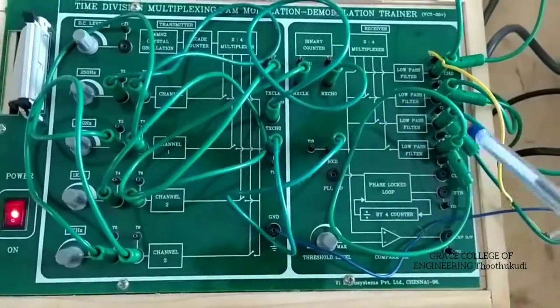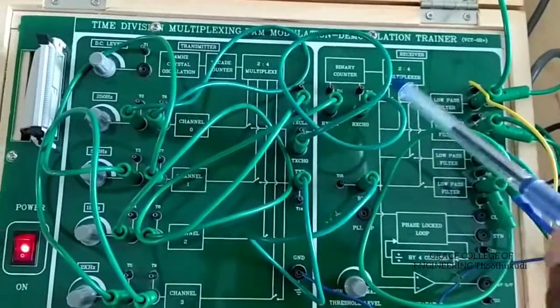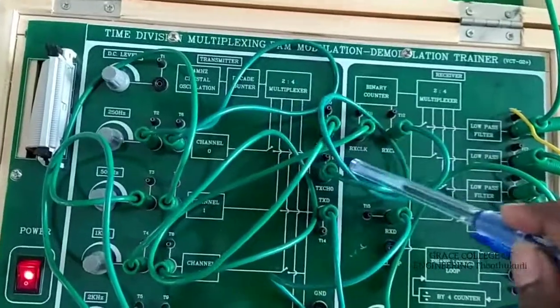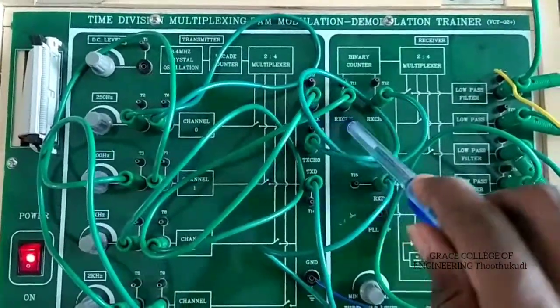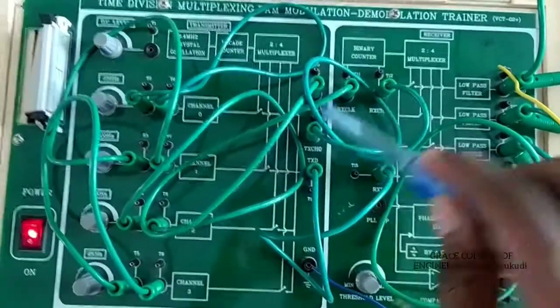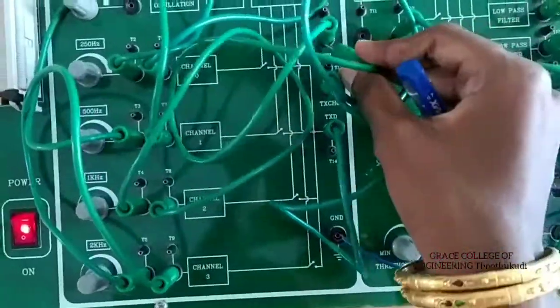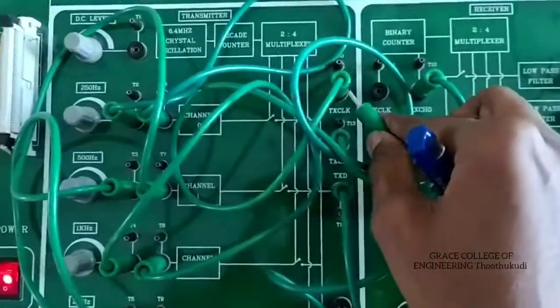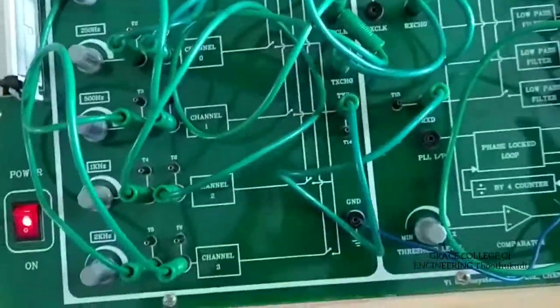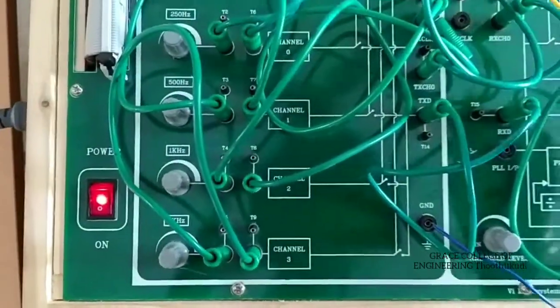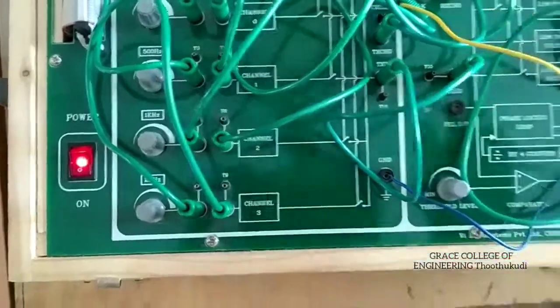Before checking the receiver connection, I am going to check the clock pulse. There is a clock in the transmitter section as well as in the receiver section. We can verify the transmitter clock pulse before giving it to the receiver. I place the CRO pin there.